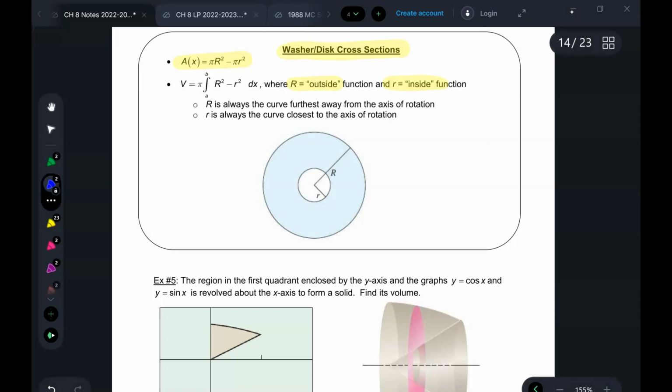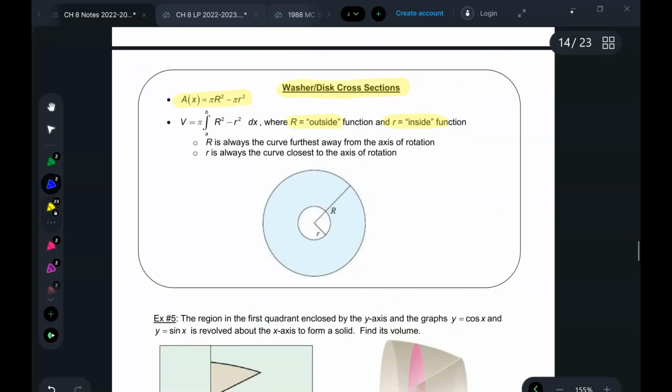Just keep in mind, R is always, when it says outside, it means the one that's further away, or the top one, minus the bottom one. And then here's our volume formula. So R is always the furthest away from the axis of rotation. r is the closest to the axis of rotation.